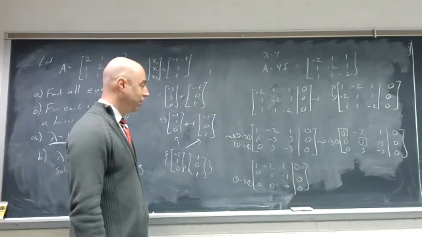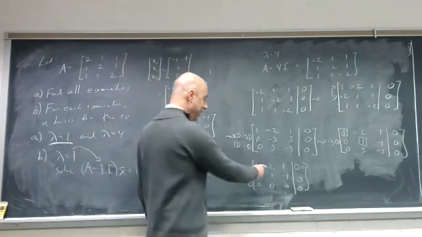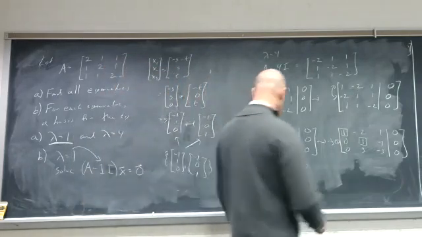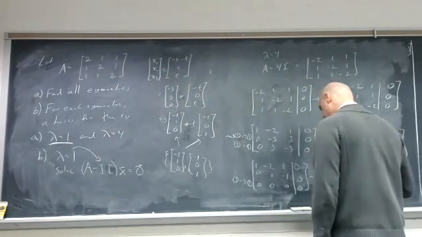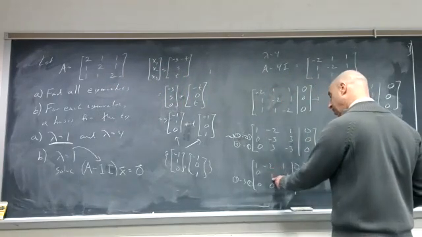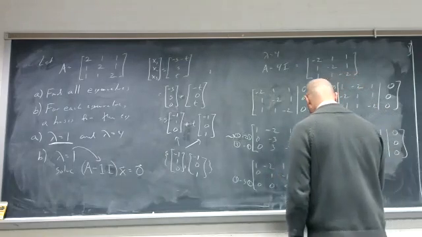Almost finished. I just need to get a 0 up here. So to do that, I will take row 1 and add 2 row 2s.